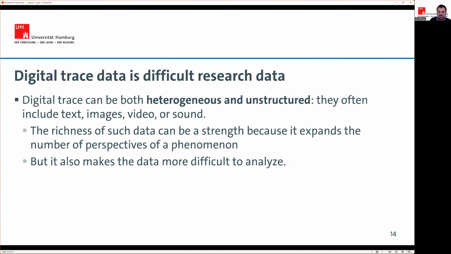A second challenge in digital traces is that digital traces can be unstructured and heterogeneous. I've shown you a simple example of tweets. But tweets are not that simple to begin with, right? It could be text, could be images, there's hashtags, could be numbers. The traces from the day clinic are actually more difficult than made out to be.